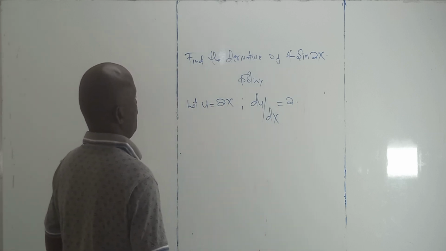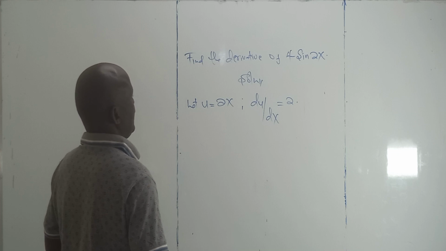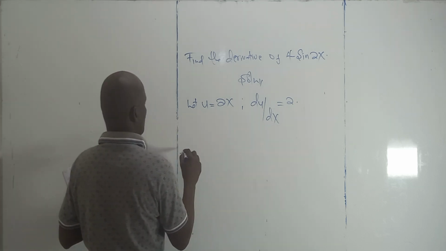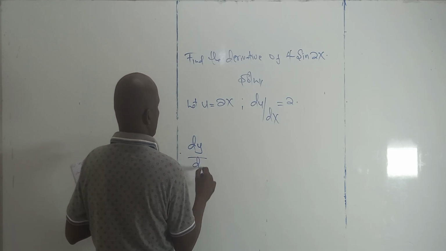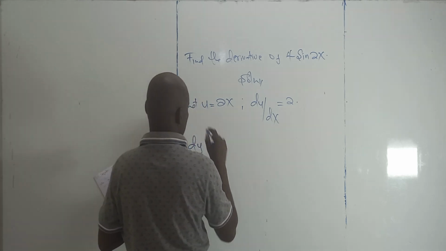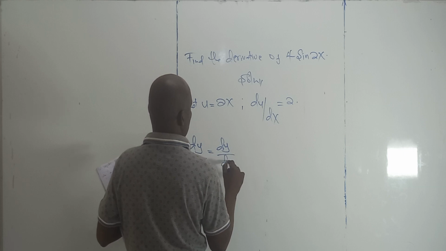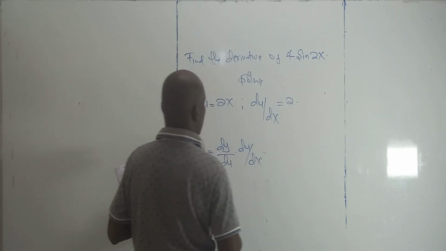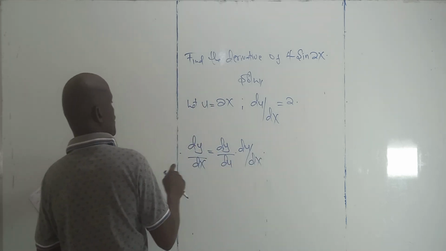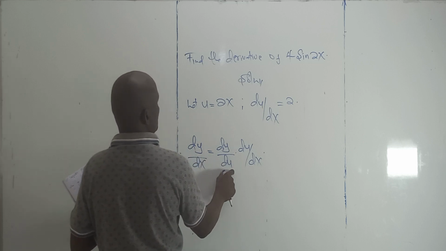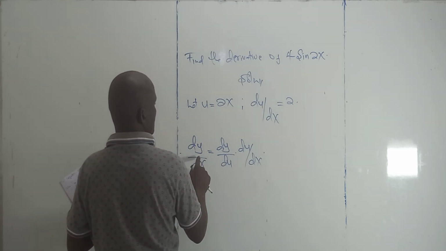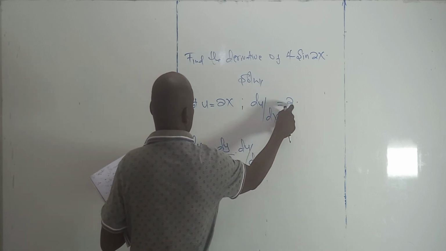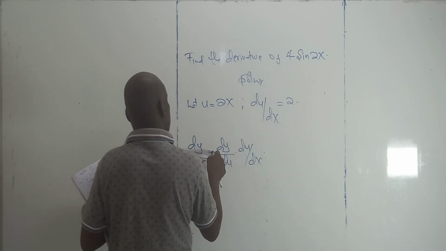Then we remember that chain rule says dy dx is equal to dy du dot du dx. So I then need to differentiate y with respect to u. If dy dx is dy du dot du dx, du dx is 2, then I need to find what dy du is.